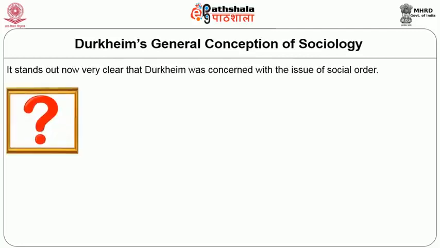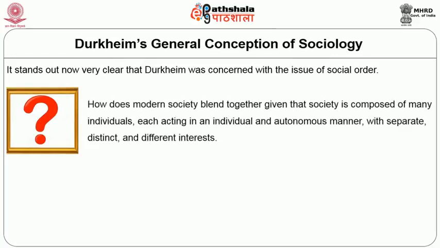It stands out now very clearly that Durkheim was concerned with the issue of social order. So the main question of the day for him was, how does modern society blend together, given that society is composed of many individuals, each acting in an individual and autonomous manner, with separate, distinct, and different interests?